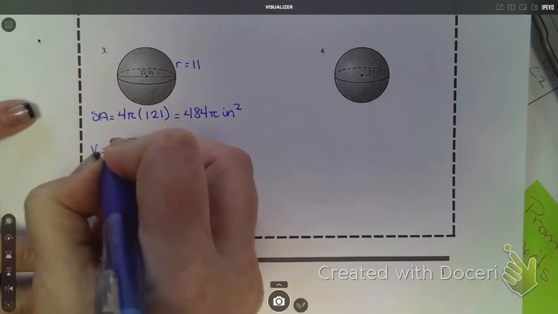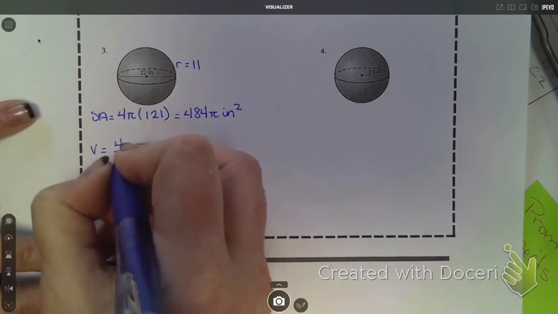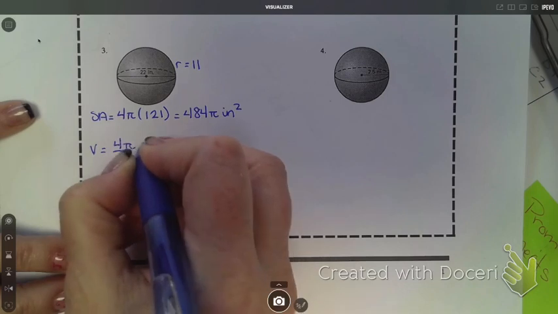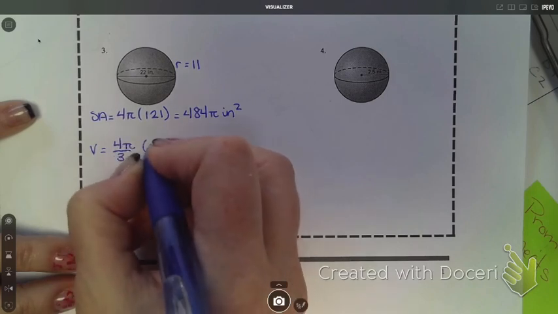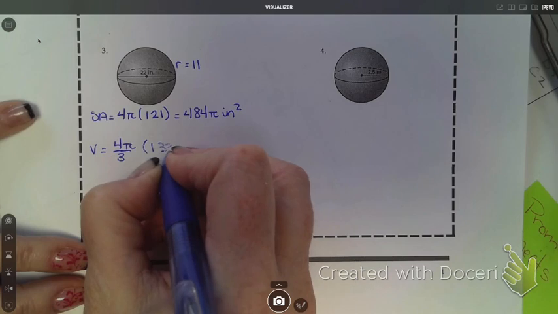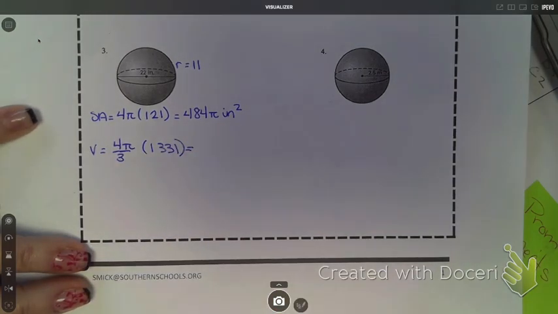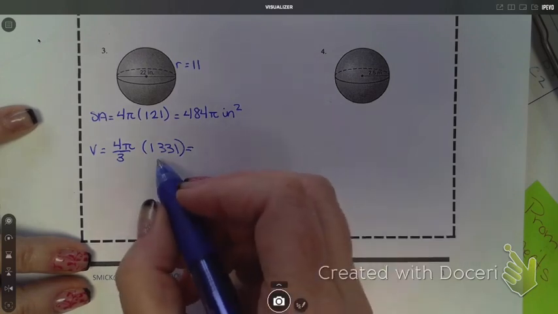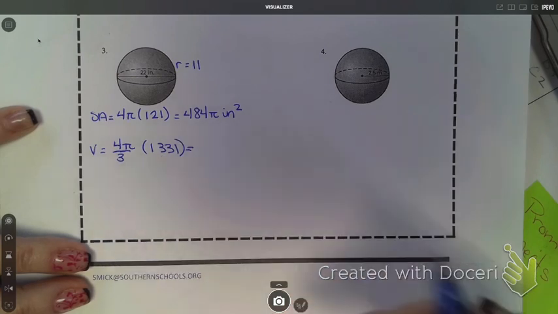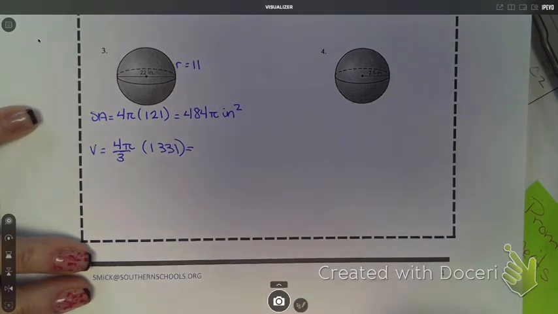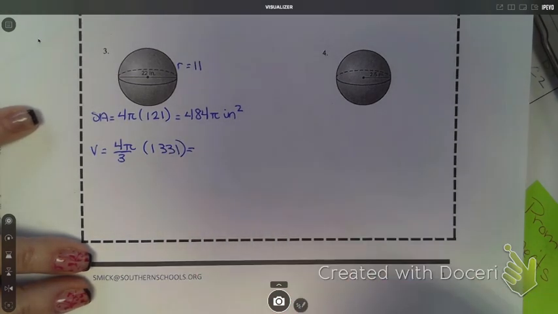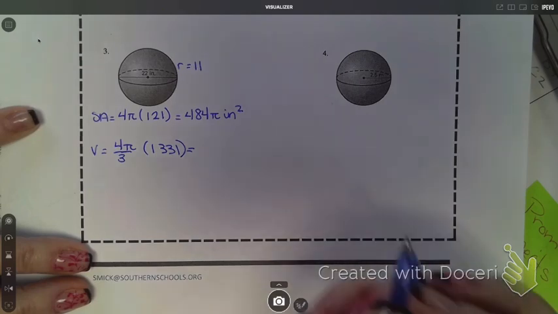Volume is 4/3 pi, and 11 cubed is 1,331. Because you got to write that. That's 11 cubed. So 121 times 11 is 1,331. Okay.